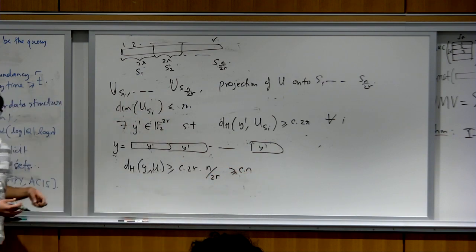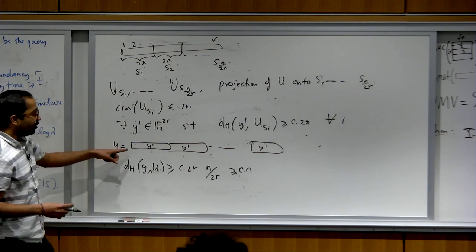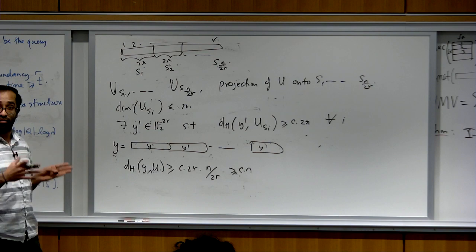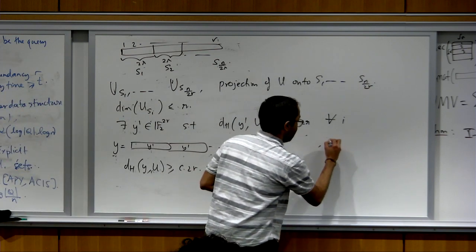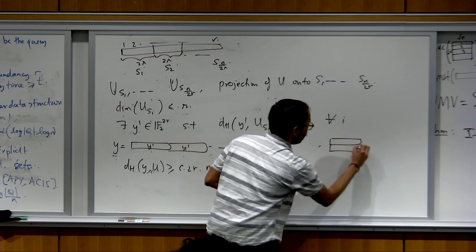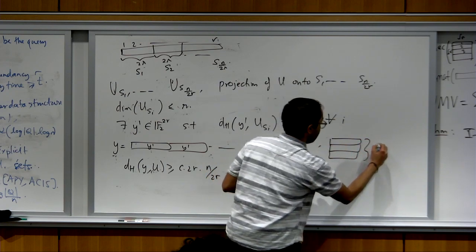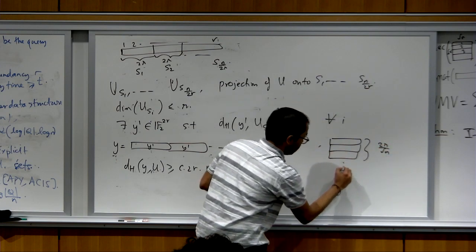Okay, and the trick about the rank comes up now. If you want to write y as a square root n by square root n matrix, you first write y prime, you break it into 2r over square root n rows, and then you repeat it.